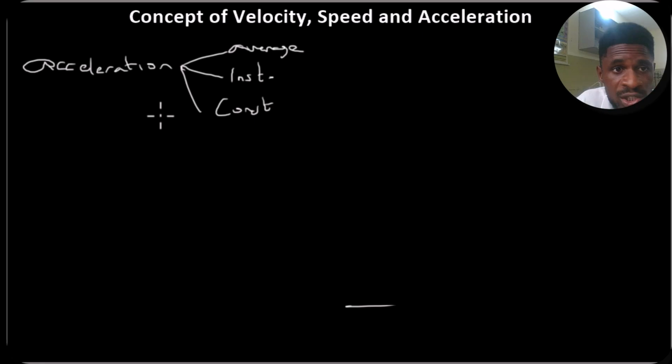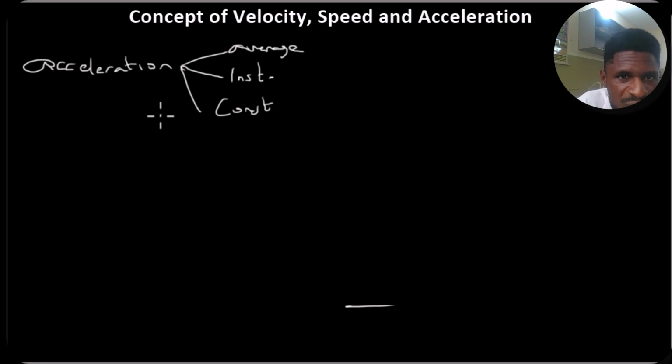Let's say, for instance, you're in a car and you're moving at a constant speed. Perhaps the cruise control of the car is on. And then you notice that there might be traffic, or maybe you have a sudden emergency, and you want to get to where you're going faster than you would have if you were moving at that constant speed. So what do you want to do to the car? You want to increase its velocity.